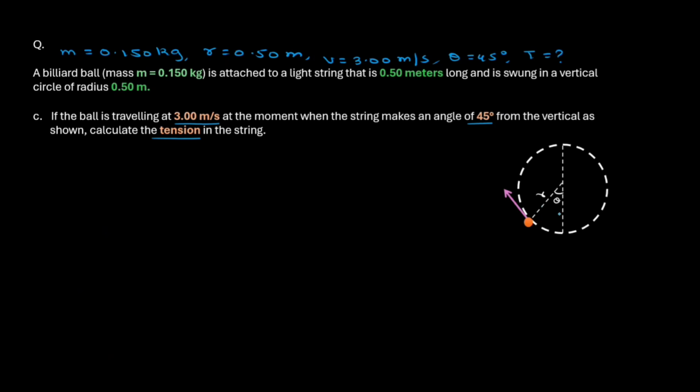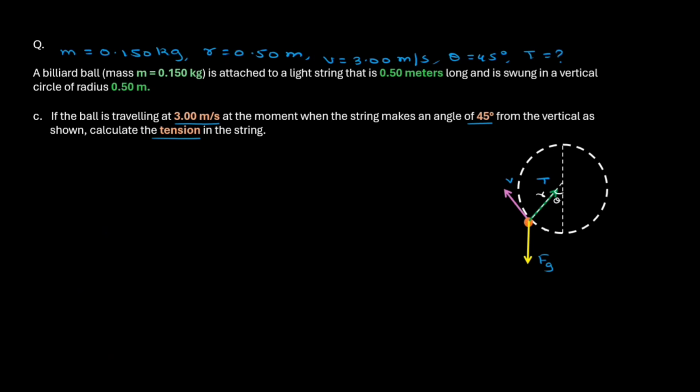And we need to find the tension in the string here. So again, let us first draw a free body diagram to show all the forces acting on the ball. First we have the force due to gravity, F_g. This vector here is the tangential velocity v. After F_g, we have the tension in the string T, pointing towards the suspension point.